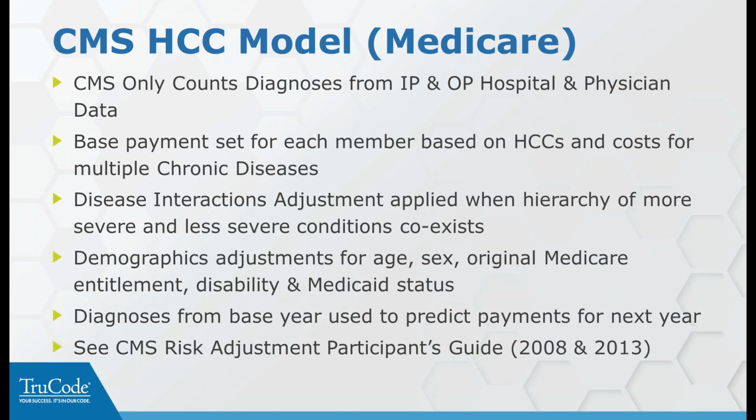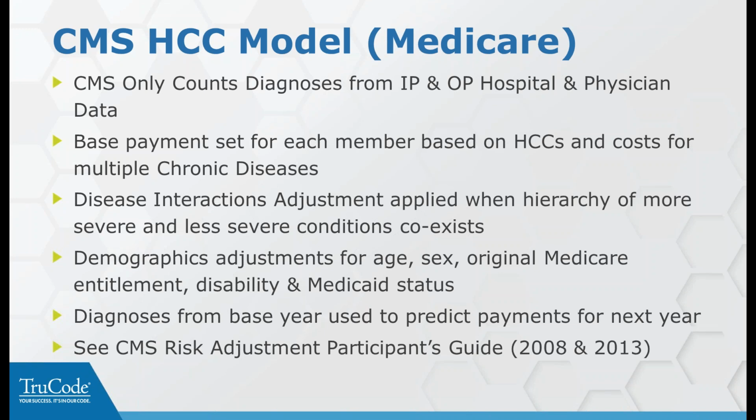There is also a disease interaction adjustment factor applied when you have several conditions that are related to each other, and there's a hierarchy of more severe and less severe conditions. They also do demographic adjustments for age, sex, original Medicare entitlement, disability, and Medicaid status.